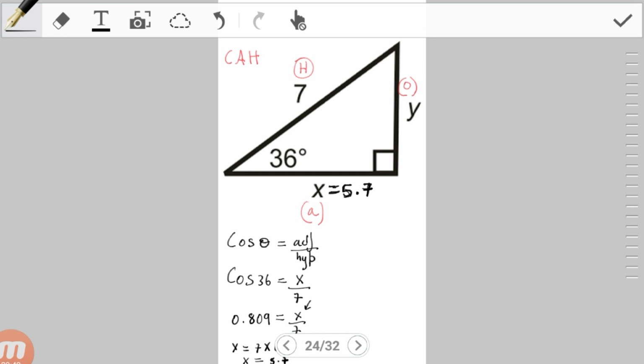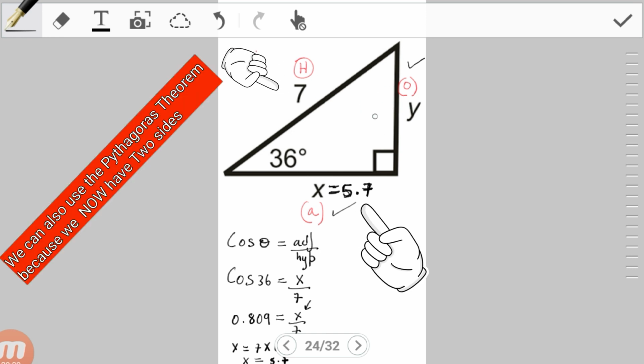So the ratio that would involve the opposite side and the adjacent side would be the tangent ratio. But we are still capable of using the sine ratio because we are provided with the hypotenuse and we are still looking for the opposite side.